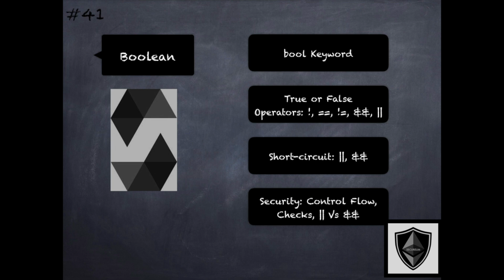So for example, using the or logical disjunction instead of logical conjunction can have big implications to how that particular expression evaluates, and that check, the access control check or whatever that might be, might not be effective at all as intended by the specification.